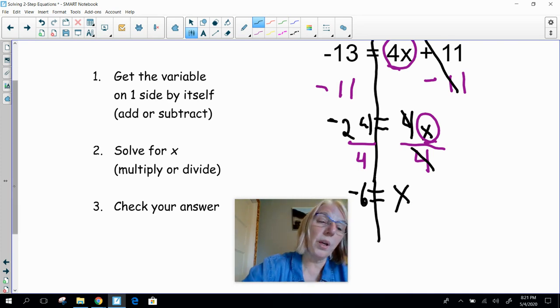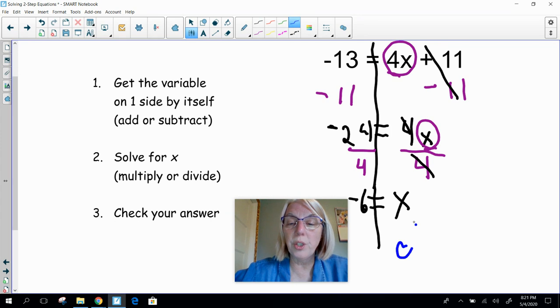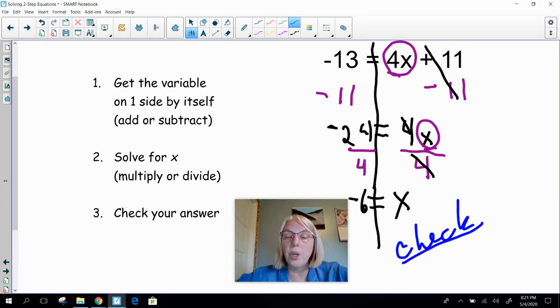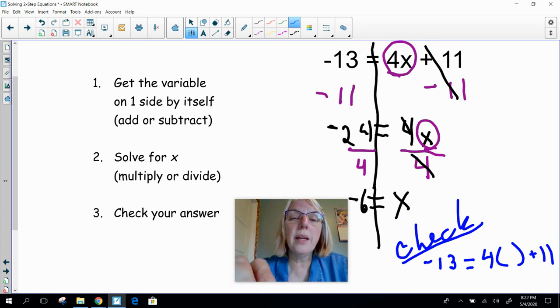So once again, I want you to check your answer. And when we go to check our answer, I'm going to write the check over here. Just to remind you how you can do it. We start with the original problem, which is negative 13, and it's going to equal 4 times whatever, and then plus 11. Notice instead of writing x, I wrote a place for us to put our answer in there.